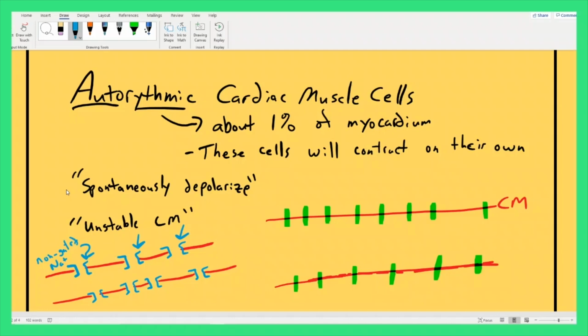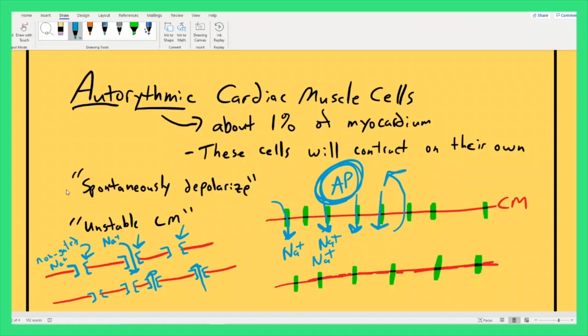So that means sodium that's out here tends to leak into these cells at a higher rate than is normal. Let's say these green things are non-gated sodium ion channels. So sodium enters these cells faster than the old sodium-potassium pump can kick it out. So I keep getting this gradual buildup of sodium in here, causing the cell to experience what? An action potential.